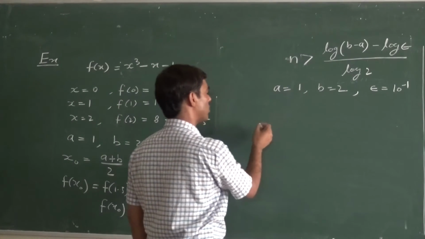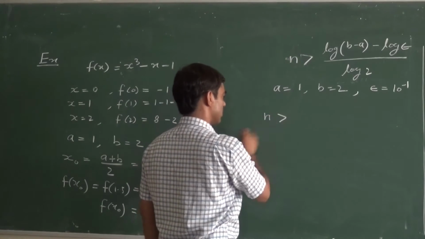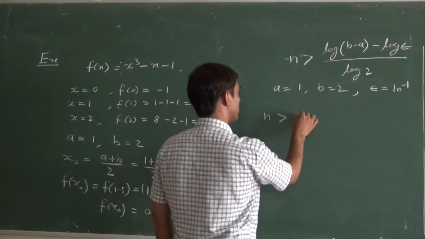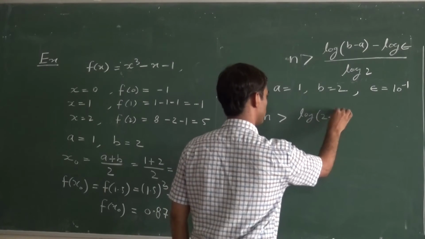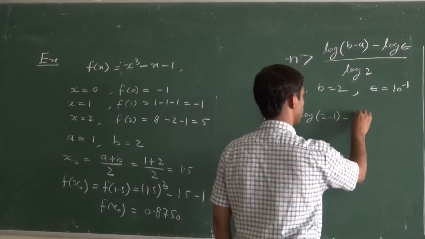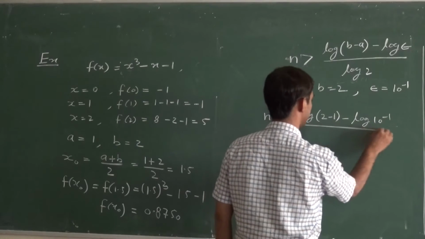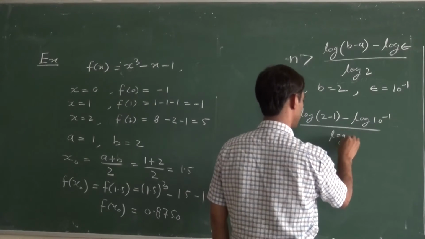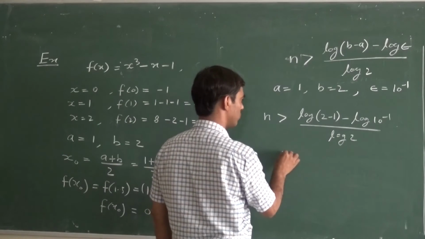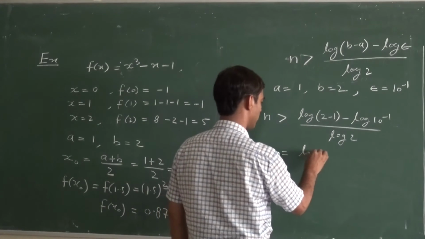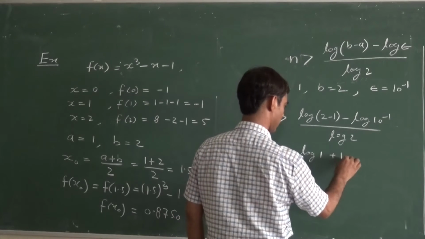Now n must be greater than log of (b minus a), which is 2 minus 1, minus log 10 to the power minus 1, divided by log 2. So this equals log 1 plus 1 times log 10, divided by log 2.